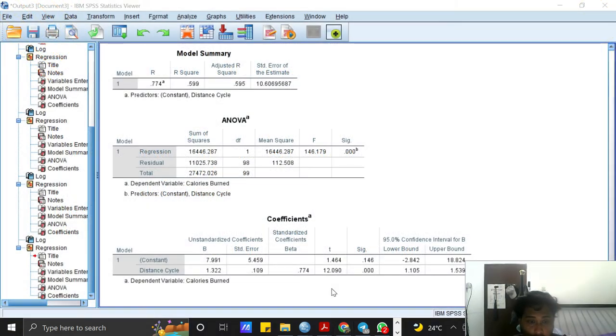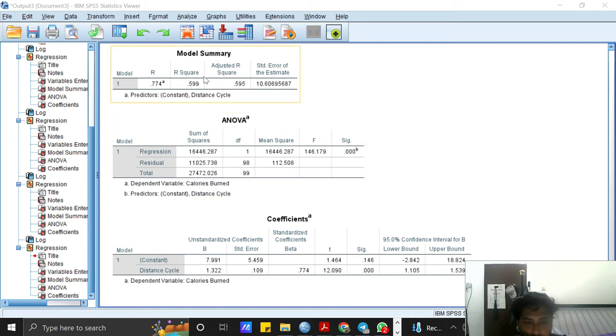Right, so for our question F, we need to test the hypothesis, which is H naught, beta naught is not equal to 0, and then for H1, beta 1 is not equal to 0. And then we need to test the hypothesis with the 5% level of significance.